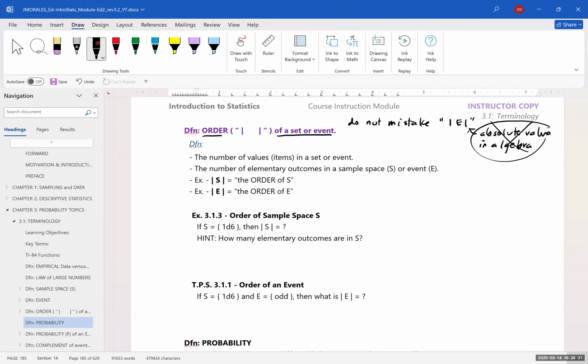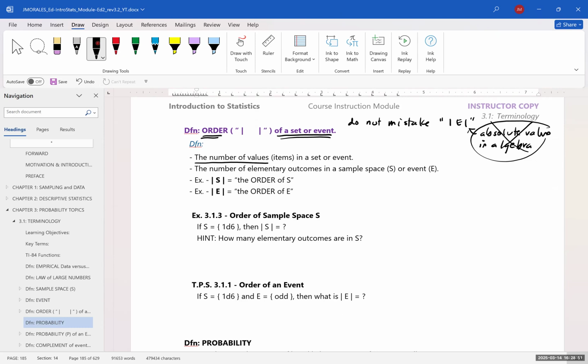So don't mistake it for absolute value in algebra. This is just a similar symbol, but it has a different connotation when we're talking about probability and when we're talking about sets.